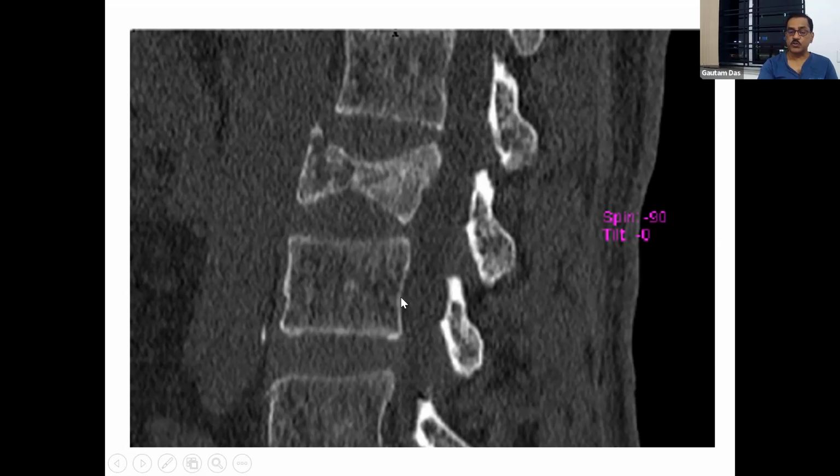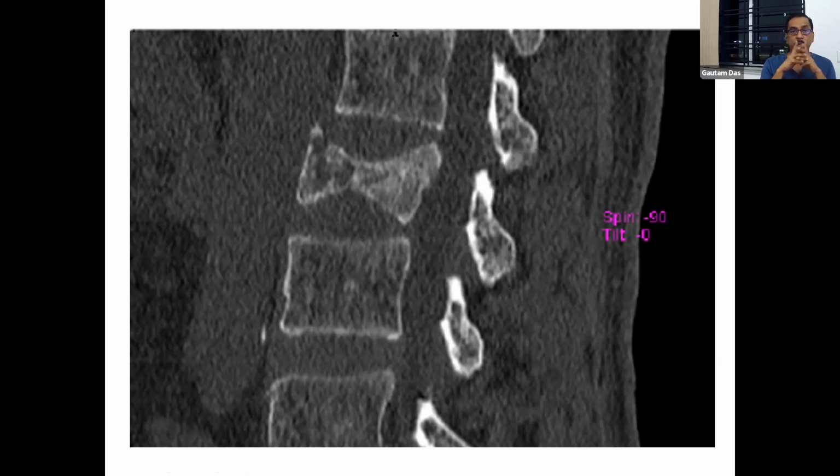Anything posterior to the posterior longitudinal ligament is your posterior column. So the whole spinal canal contains the lamina, the ligamentum flavum is here, the interspinous ligament is here. All these are the posterior column. And remember, the posterior column is most important to keep the stability of the spine.